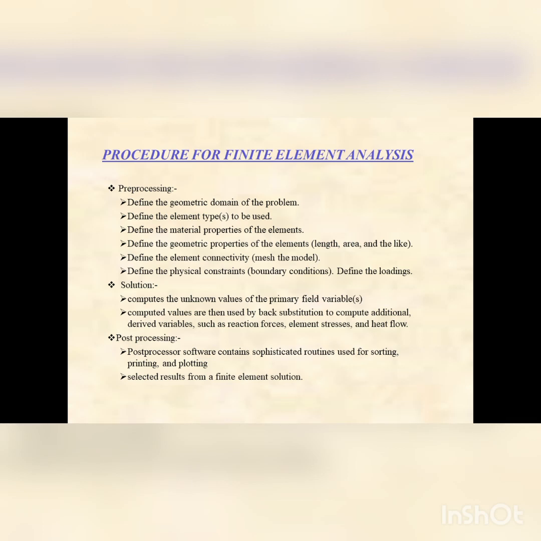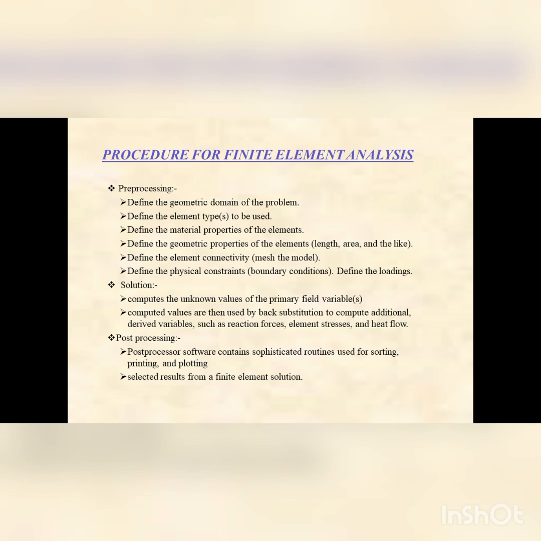First of all, let's take pre-processing and what happens in it. In pre-processing, first they define the geometrical domain of the problem. After defining the domain, then define the element to be used. The third step is to define the material properties of the chosen element.